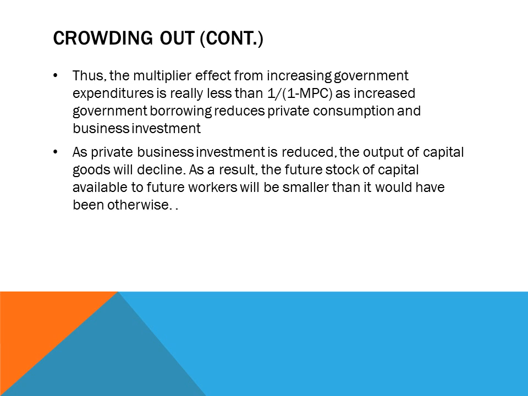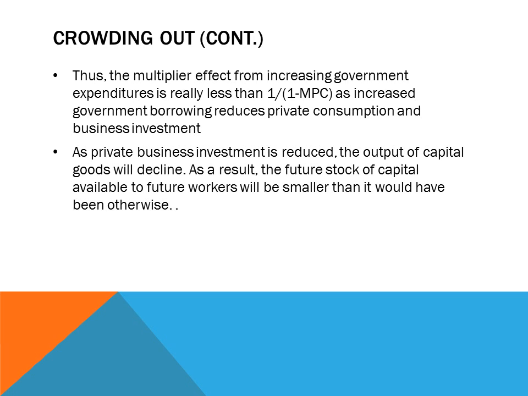Continuing the principle of crowding out, the multiplier effect from increasing government expenditures is really less than that equation where 1 divided by 1 minus MPC gave us the expenditure multiplier, as increased government borrowing to finance their deficit reduces private consumption and business investment in capital, in buildings and inventories.